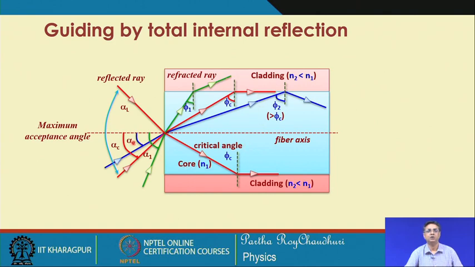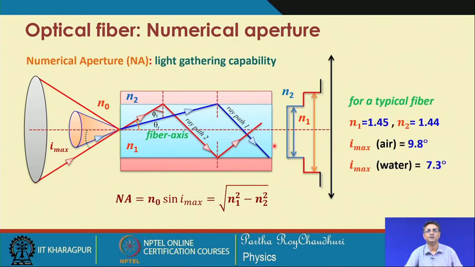And so, this defines a cone of light which will be guided through the structure, and the condition is n2 must be less than n1, that is, the core refractive index is more. This is known as the acceptance angle, or in terms of numerical aperture, which defines the light gathering capacity of the optical fiber.